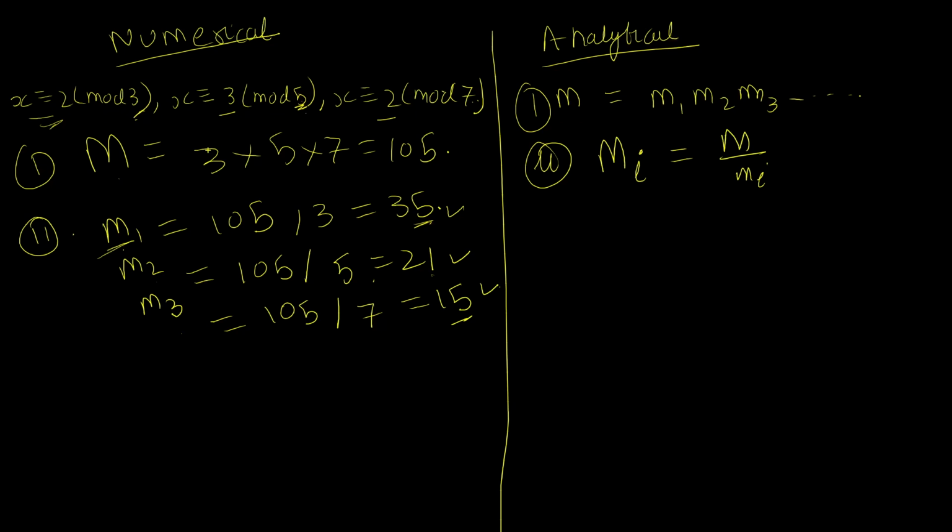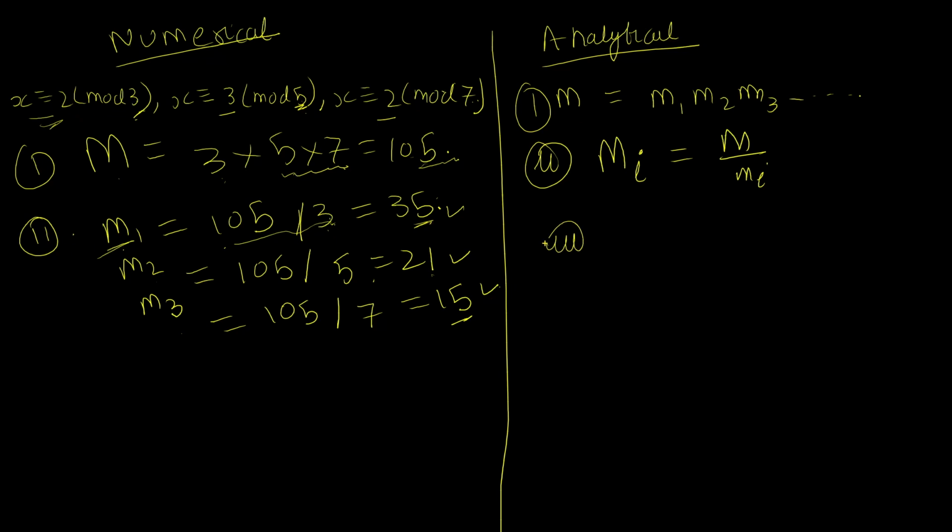But since we have already calculated the product of all 3 moduli, it is just easy to divide by the respective modulus. Since this was 3 times 5 times 7, in order to calculate 5 times 7, I'm dividing 105 by 3. That's all I'm doing here. But you should know that the logic of dividing 105 by 3 comes from the fact that I want to take the product of all the remaining moduli except the current one. Okay, so I've completed my step 2.